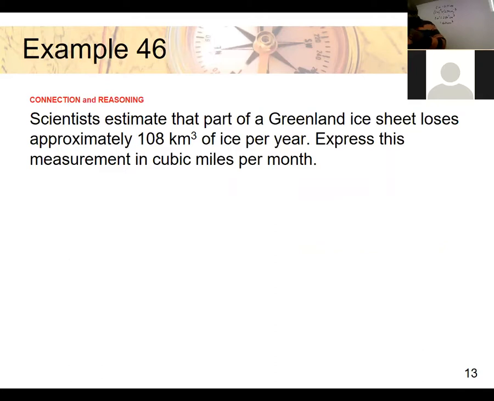Now let's say we have something like this. Scientists estimate that part of a Greenland ice sheet loses approximately 108 cubic kilometers of ice per year. Let's say we want to express this as a measurement in cubic miles per month.